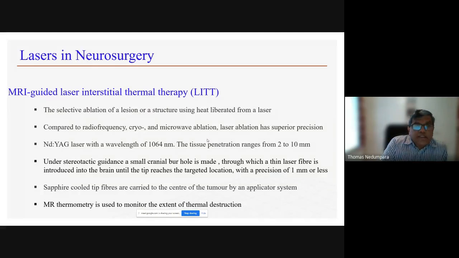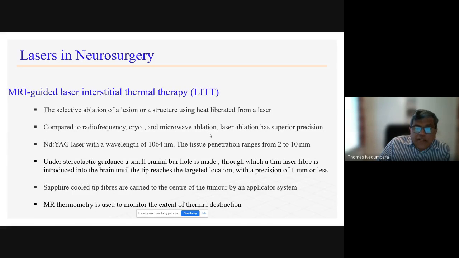In neurosurgery, you can use MRI-guided laser interstitial thermal therapy. What we use is a selective ablation of a lesion. It could be a tumor, or an abnormal active area producing epilepsy.